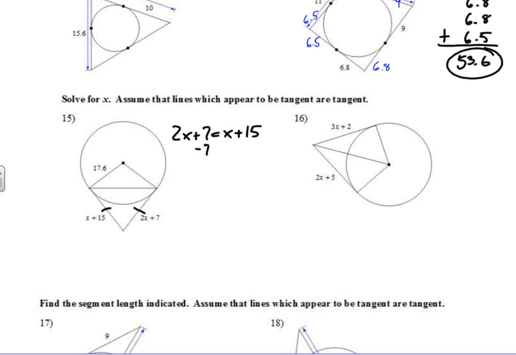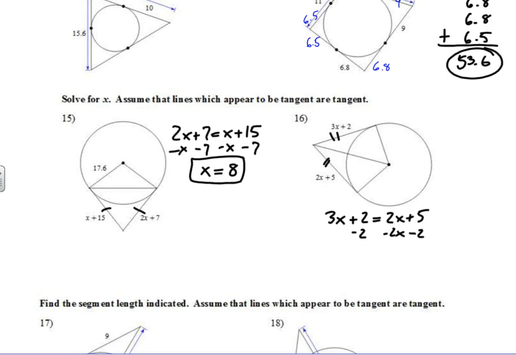We go ahead and solve that, and we would get x equals 8. Okay. Same idea here. Again, these are equal to each other. So 3x plus 2 equals 2x plus 5. Subtract 2, subtract 2x. So we get x equals 3.